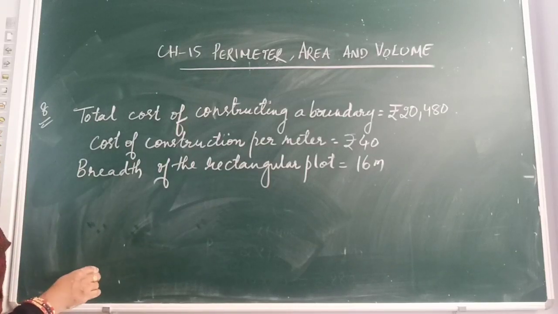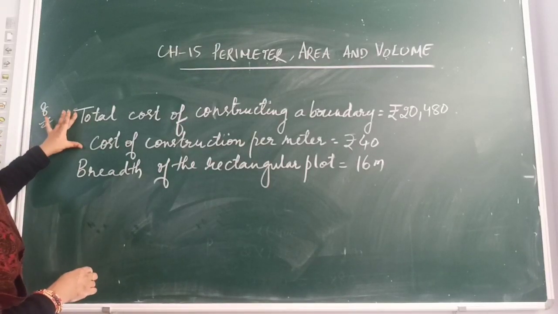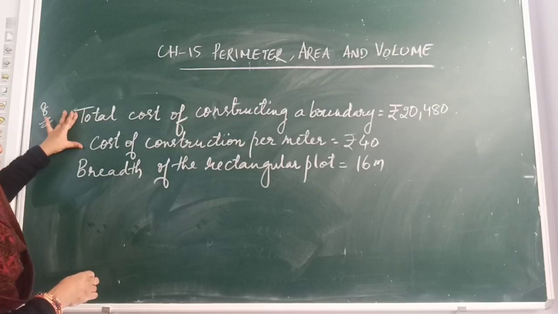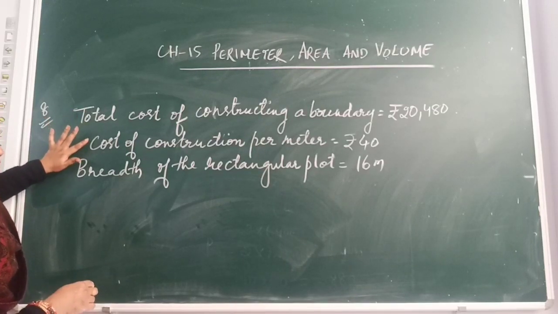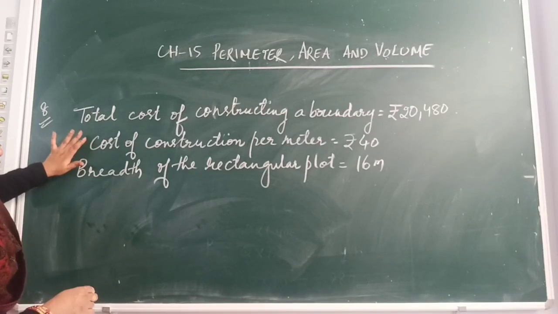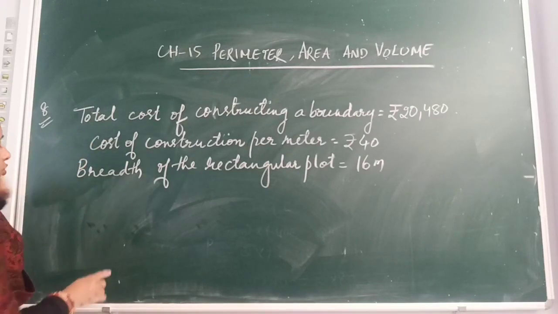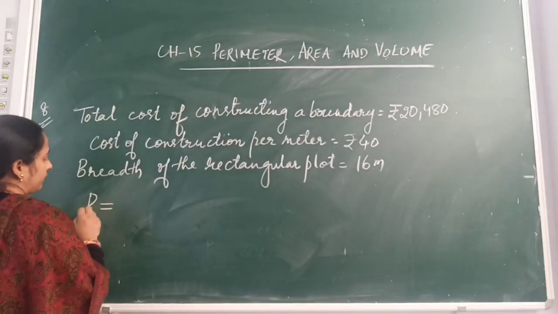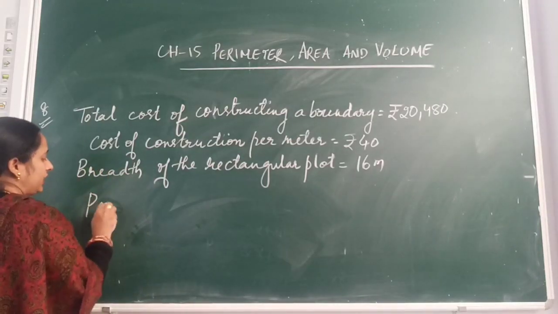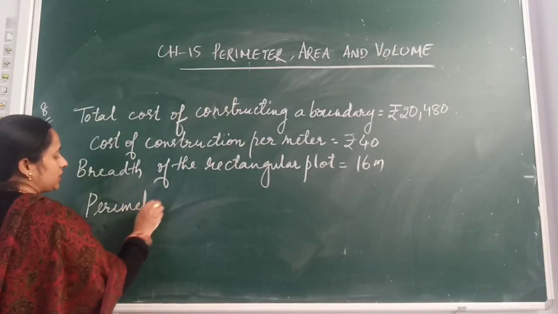Now, what is the formula we know related to the total cost of boundary and cost of construction of a boundary per meter?